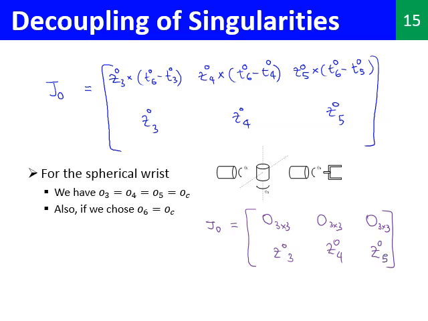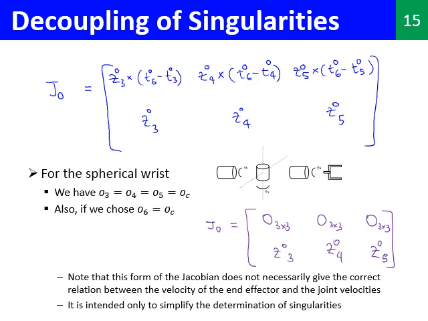Now you must be confused about this new information and wondering whether we have a frame 7 at the end effector. Now let's say that this form of the Jacobian does not necessarily give the correct relation between the velocity of the end effector and the joint velocities, and this is intended only for learning purposes and to simplify the determination of singularities.